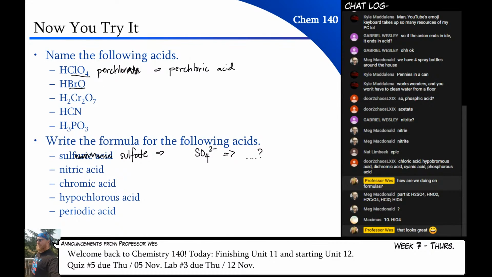For my bro here, this is hypobromite. Get rid of that ite. Hypobromous acid. This is dichromate. Get rid of the ate. Dichromic acid.